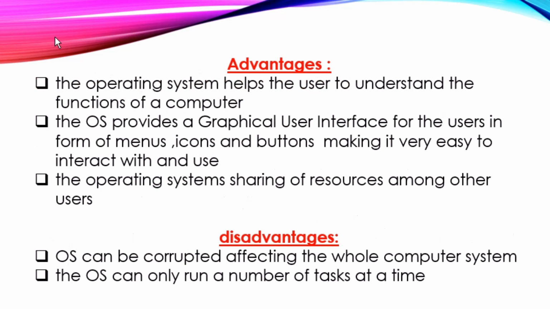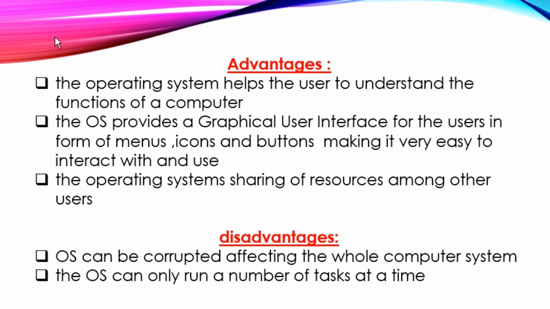Now, what are some of the advantages of the operating system? We'll answer that question. What are some of the advantages of the operating system? Through its goal of convenience, the operating system helps the users to understand the various functions of a computer.